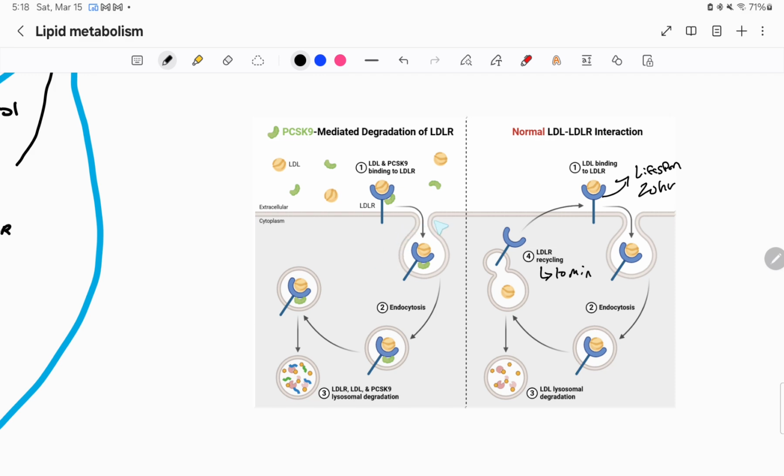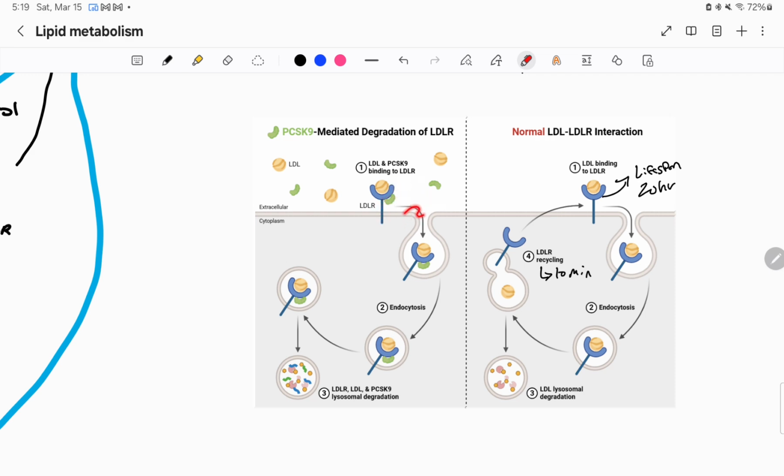Okay, so how does that look? Well, let's take a look at it. So here in green is the PCSK9 being secreted. Here's the LDL, and then blue is the LDL receptor. Okay, so what you're going to notice here is that this PCSK9 has already been secreted and it's already bound to the LDL receptor. It's technically bound to it in an open conformation.